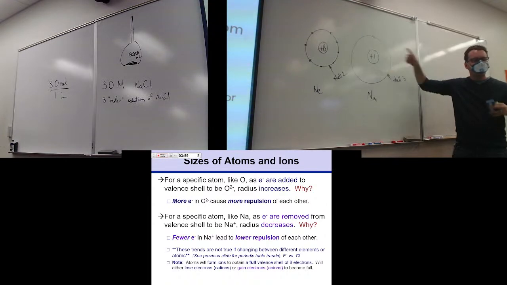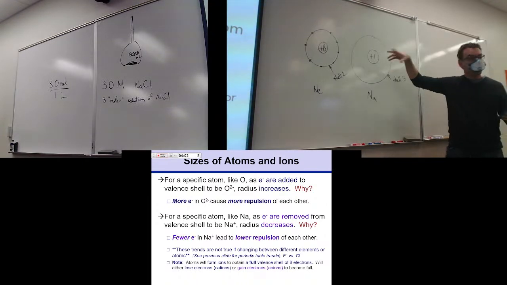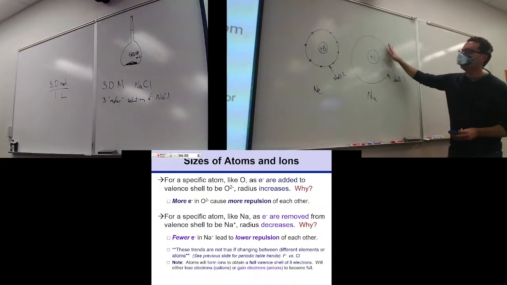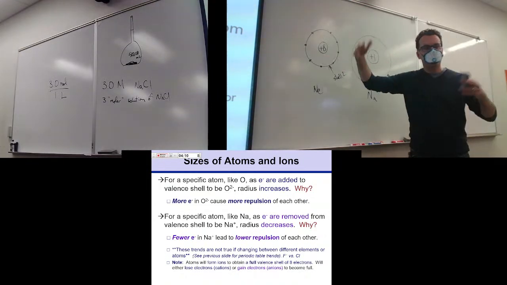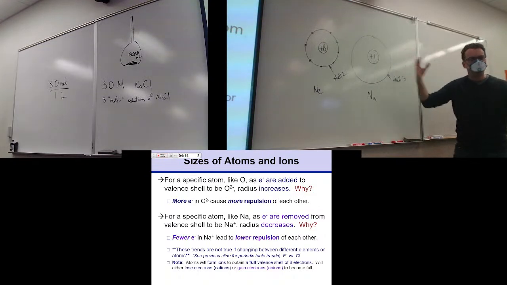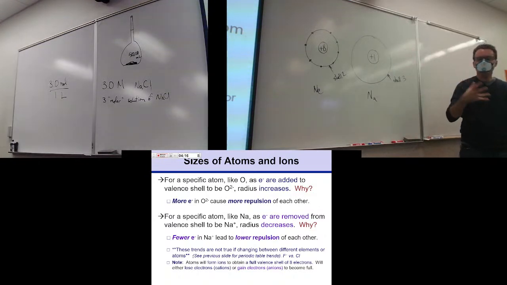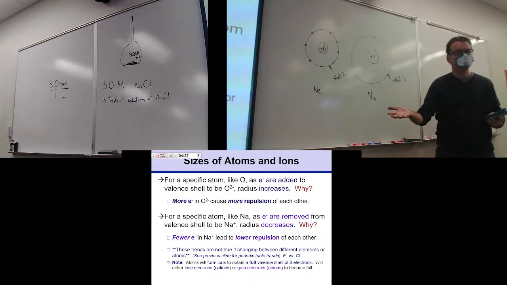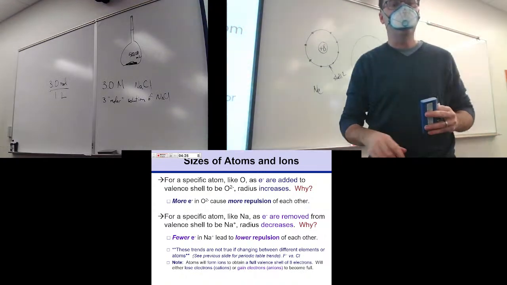So the furthest out electrons I have are the shell 2 electrons now, which are closer to the atom. So for sodium, when I make it sodium plus, not only are there fewer electrons, so less electron-electron repulsion, but I've actually drastically reduced the size because now I don't have electrons in shell 3 anymore. My valence shell is now shell 2, which is much closer to the nucleus than shell 3 electrons were.